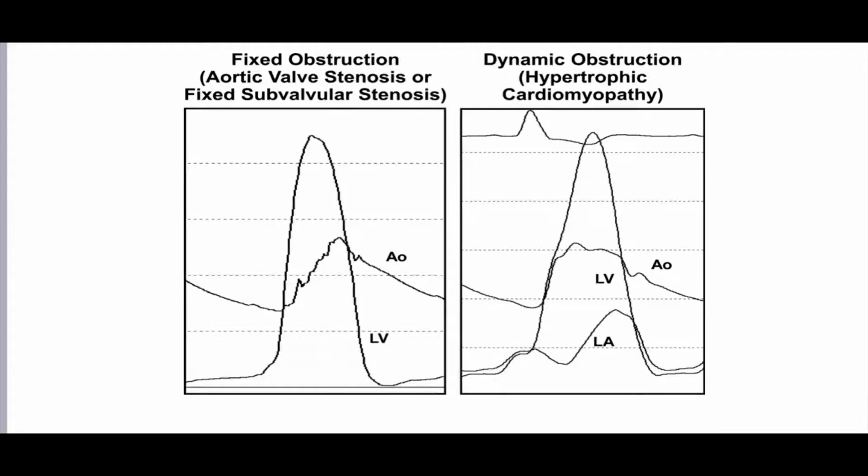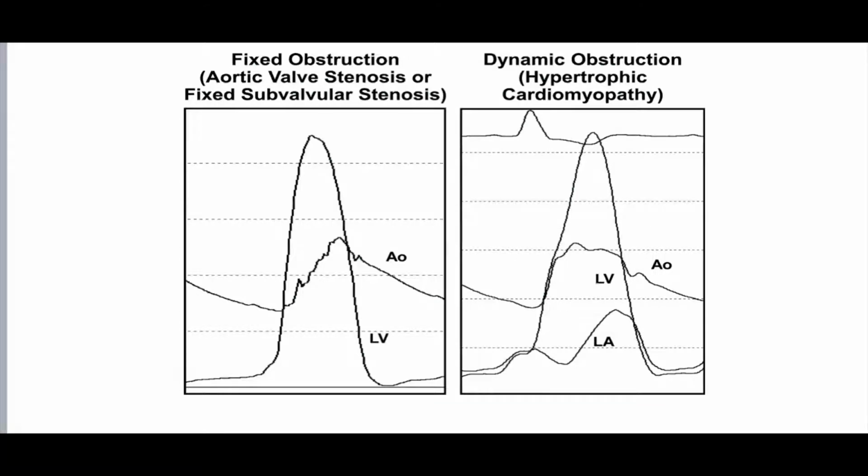When comparing the systolic pressure in the LV and the aorta, in fixed obstruction the peaks are closer to each other. But in dynamic obstruction, in fixed obstruction there is late peaking of the aorta.